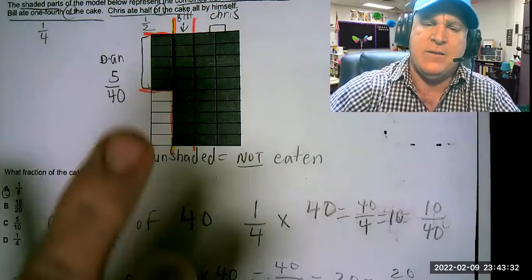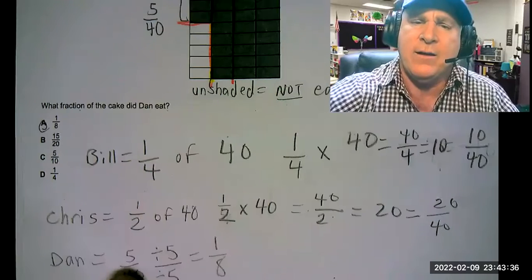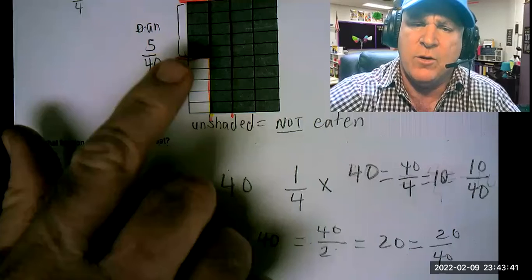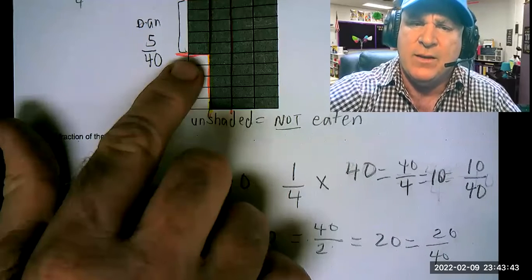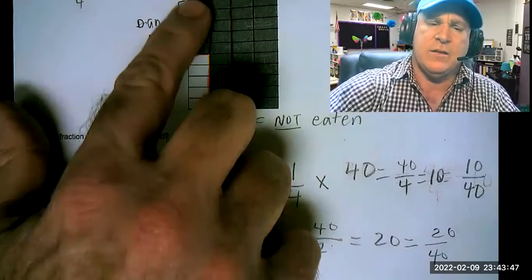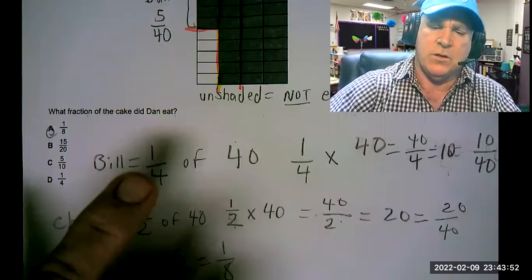Dan has the 5 out of 40, not out of 35. So that's where some of your kids probably went wrong if they were able to get to this part. It's 5 out of the entire cake because it says of the cake, not of the eaten portion. Okay.